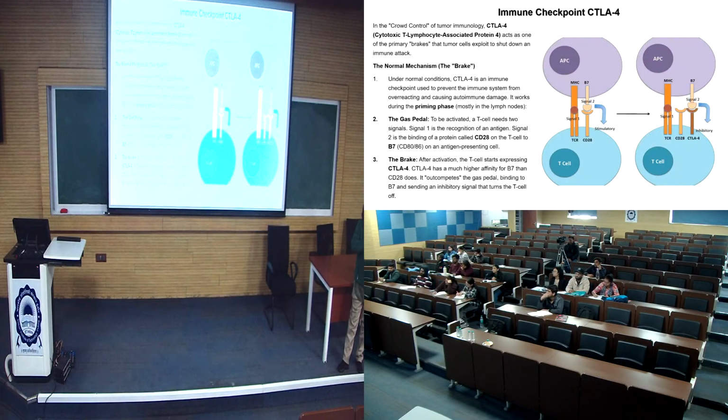So now let's see how tumor cells will hijack that. If tumor cells expressed CTLA4, they could hijack it, but they don't. Instead, they recruit TREG cells, the immunosuppressive cells, T regulatory cells. And TREG cells have high levels of CTLA4.